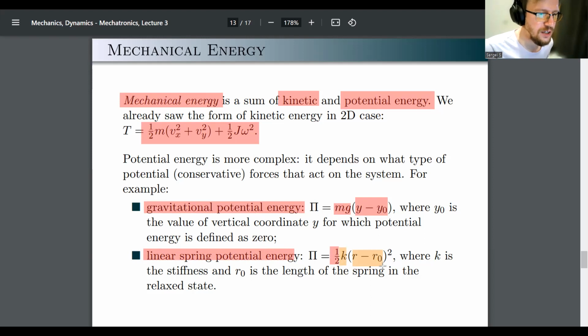Let's say the current length of the spring is 10 centimeters, but in the non-deformed state it would be 14 centimeters. So 4 centimeters difference is what we have here, and you are going to square it. Quite interesting. That will be the expression for linear spring potential energy.